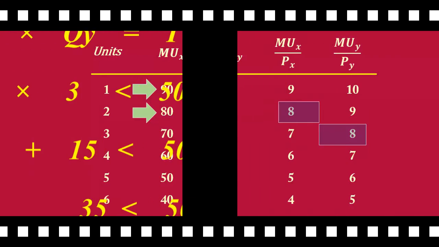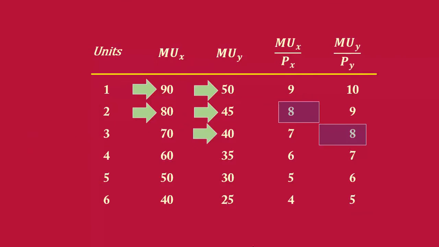In his attempt to attain equilibrium, he moves further. At last, he reaches the combination 3 units of good X and 4 units of good Y. In this case, MUX by PX equal to MUY by PY. The first condition is satisfied.